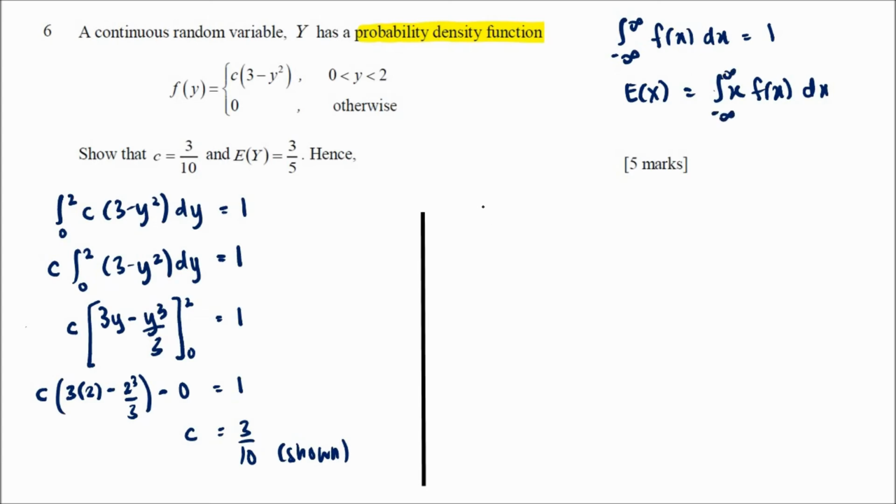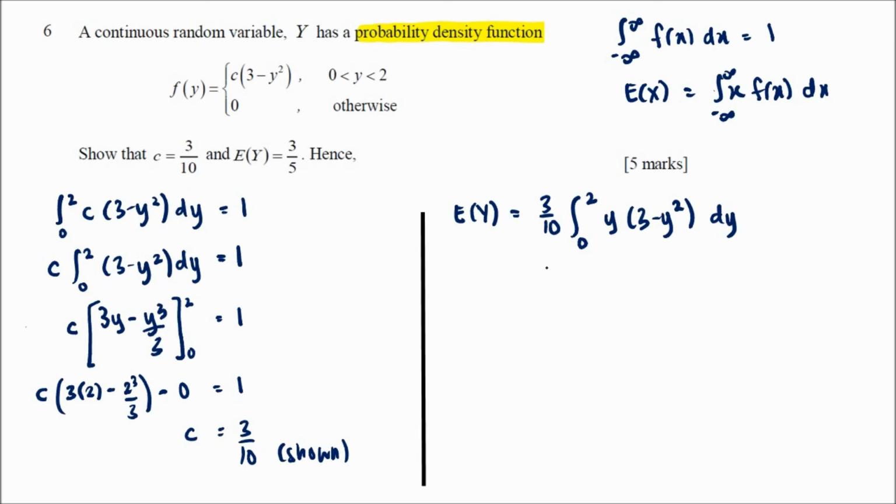Over here, the expected value for y is going to be equal to, so c is 3 over 10, we can take that outside because it is a constant. We have the limit from 0 until 2, and the function is y times (3 minus y squared) dy.